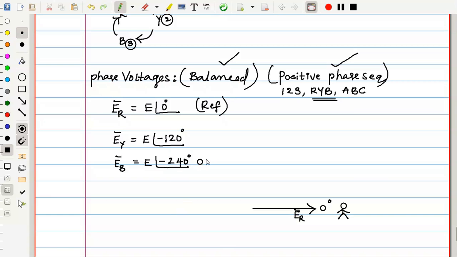I'll tell you once again with the phasor diagram also. This is E at an angle of plus 120. Now you can see if you put these things in phasor diagram form here. I am not using color coding, just assume that these are colors. Now try to understand that.